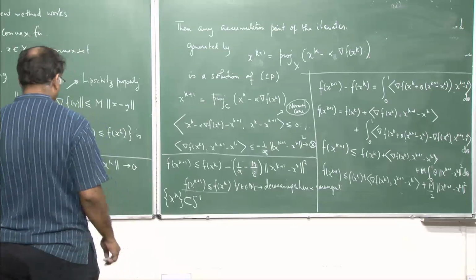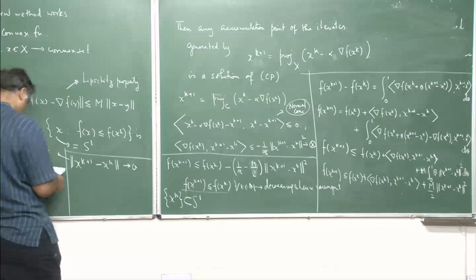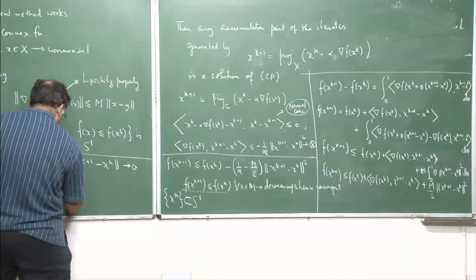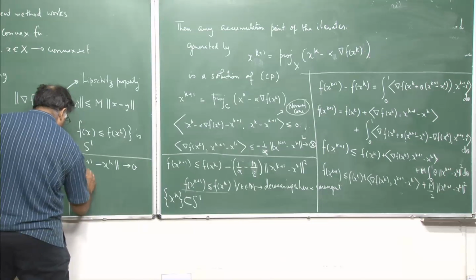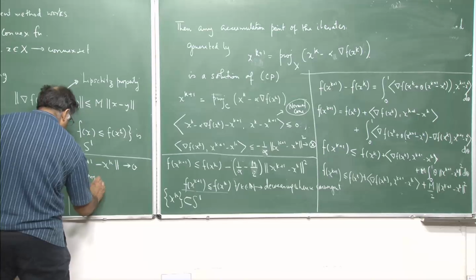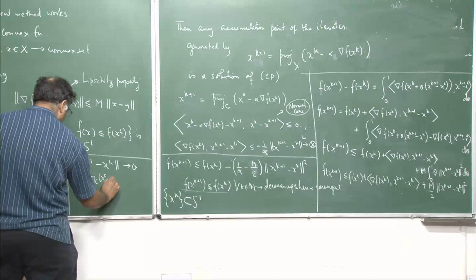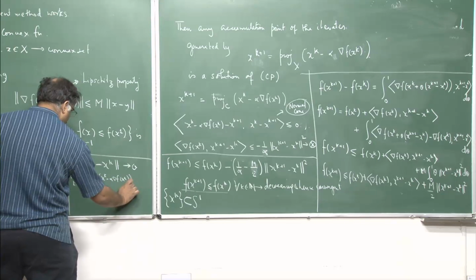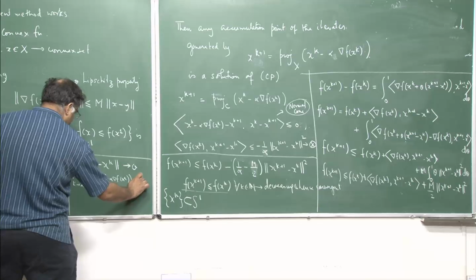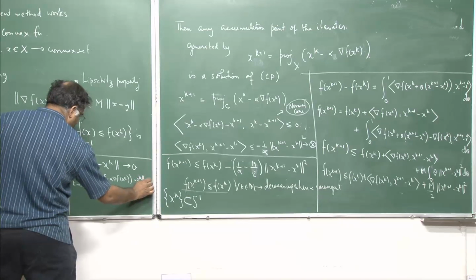If that result actually holds, that would simply tell you that the limit as k tends to infinity of the projection onto C of (x_k minus alpha grad f(x_k)) minus x_k is equal to 0.